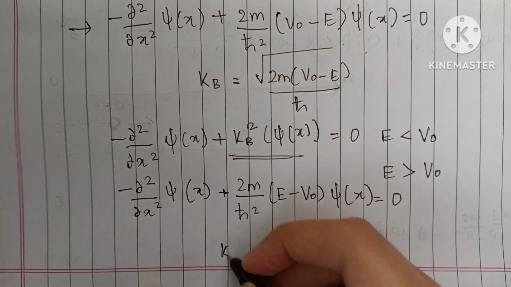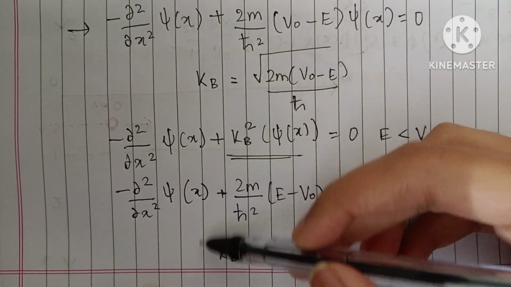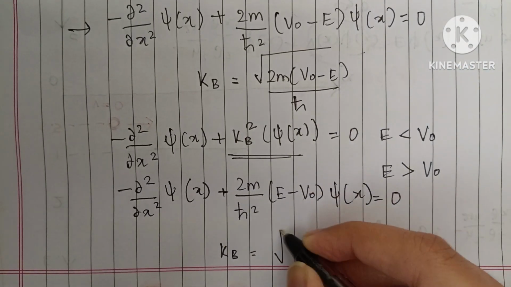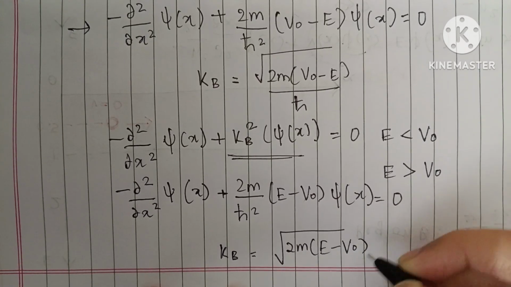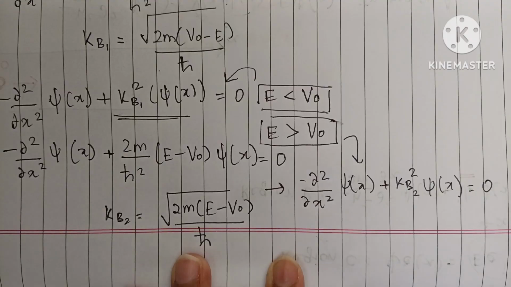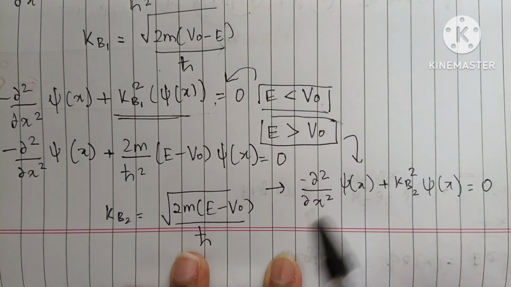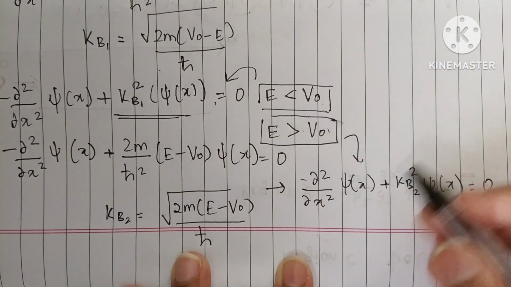And the value of k_b, but this will be above the potential barrier, will be this. Now this is the equation for when E is less than V0 and this will be the equation for when E is greater than V0.